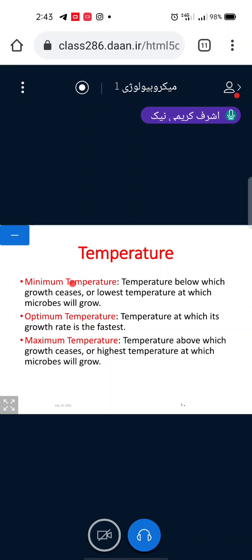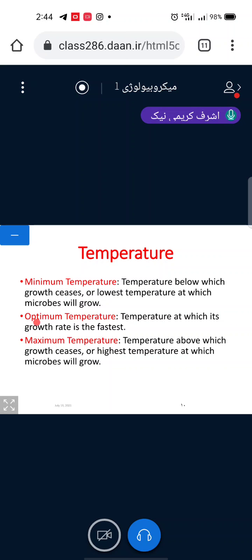Three temperatures: minimum, optimum, maximum. Minimum temperature is the temperature below which growth ceases, or the lowest temperature at which microbes will grow.